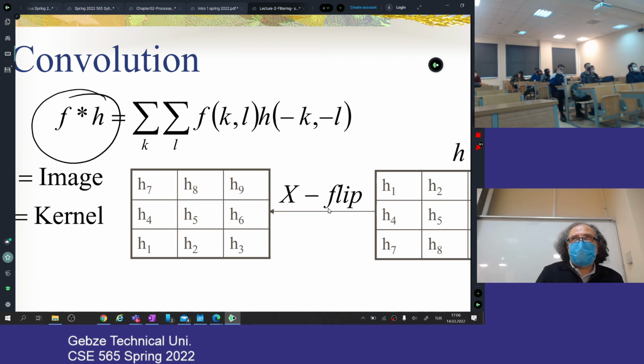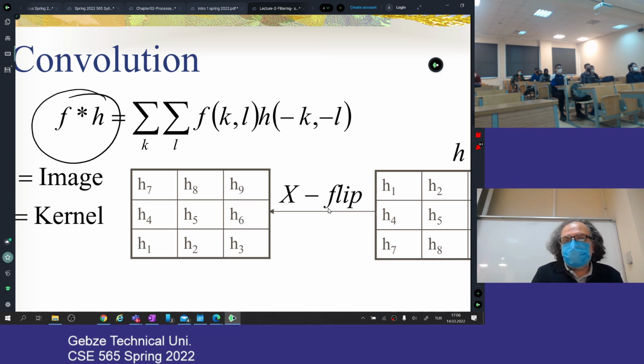So for every pixel, that means that if my new image size is, let's say, m by m, then m square comes from there, m square times the size of my filter. So it is quadratic with respect to the size of your image. So it is expensive, so it makes sense to find a nice implementation for your filters.